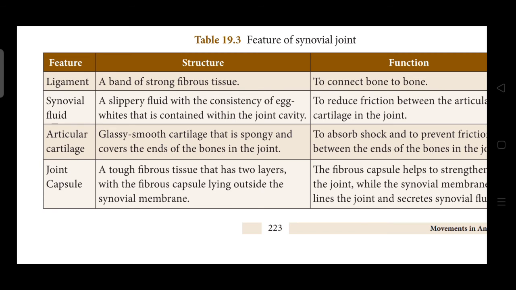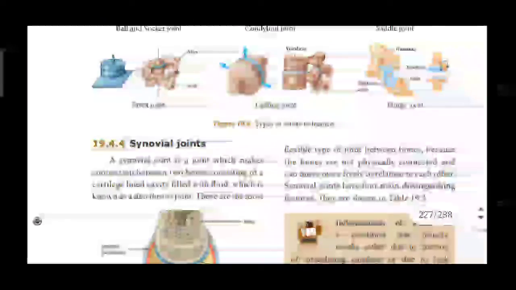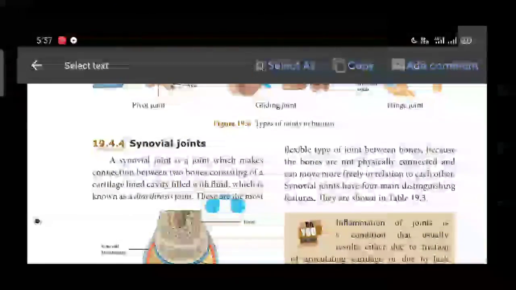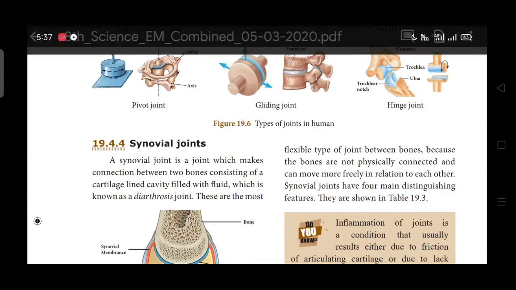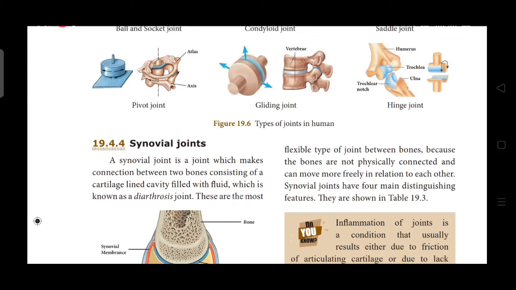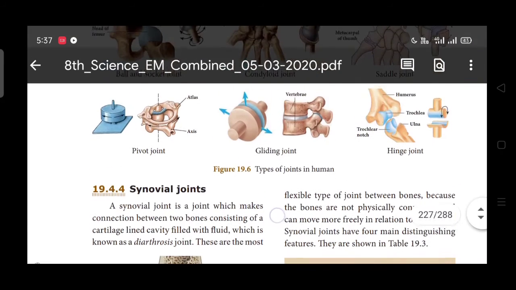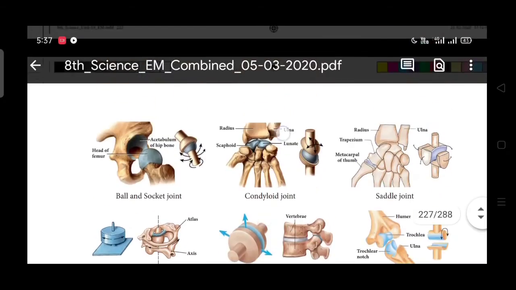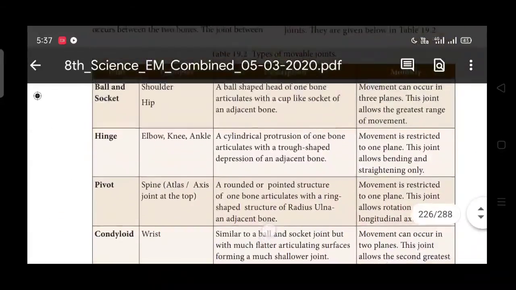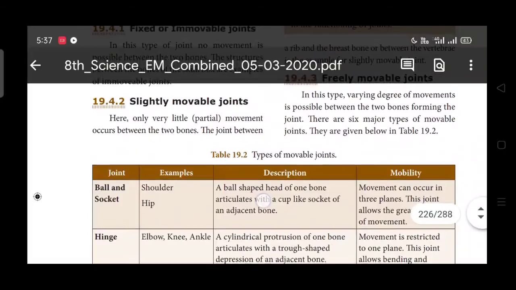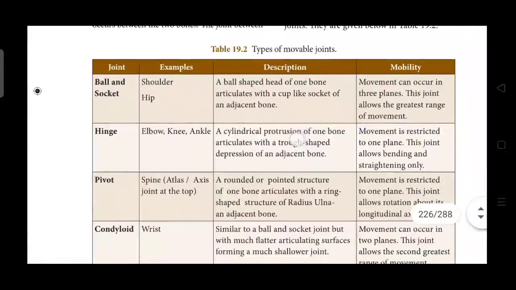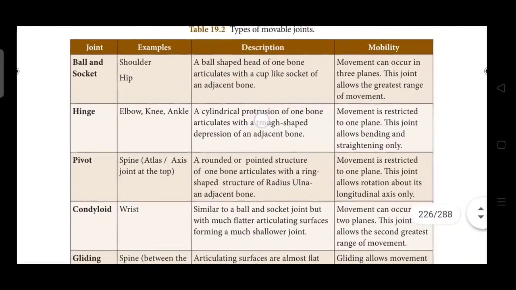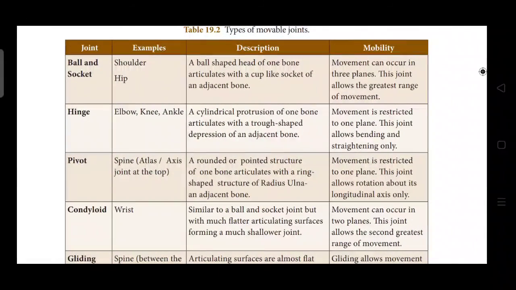The synovial membrane secretes synovial fluid. Now, the synovial joint allows different kinds of movement in different places. Based on that, the movable joints are classified into 6 different categories. The synovial joint, or freely movable joint, is classified based on movement into 6 categories.